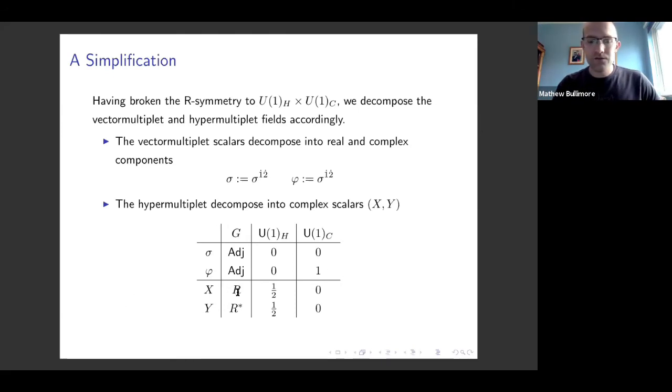X and Y, they transform in this representation R and its conjugate. They used to transform as an SU2 Higgs doublet, but now they both have charge half under U1 Higgs, and they're not charged under U1 Coulomb. Okay, so I'm going to be working with these 4 fields throughout: sigma, phi, X, and Y. These are all of the scalar fields in the theory.